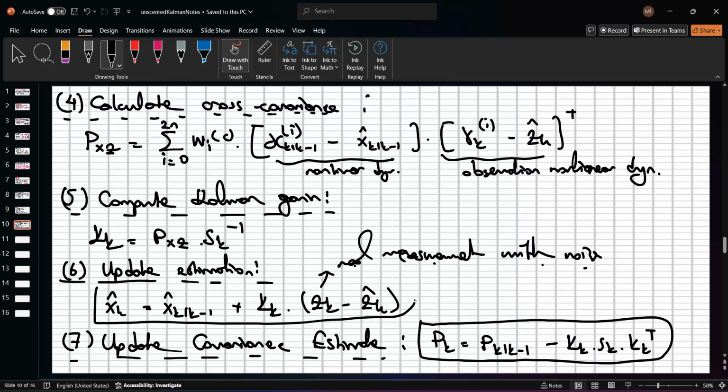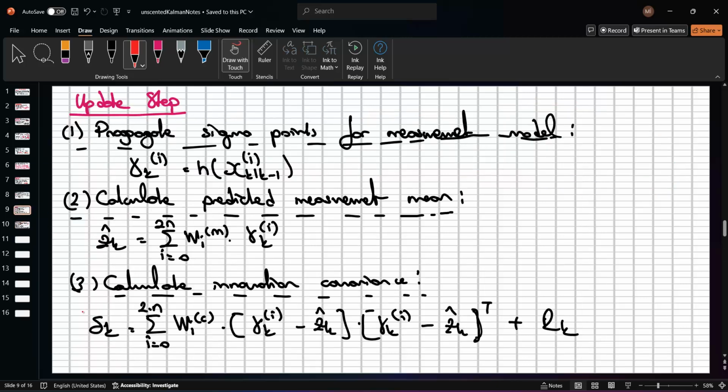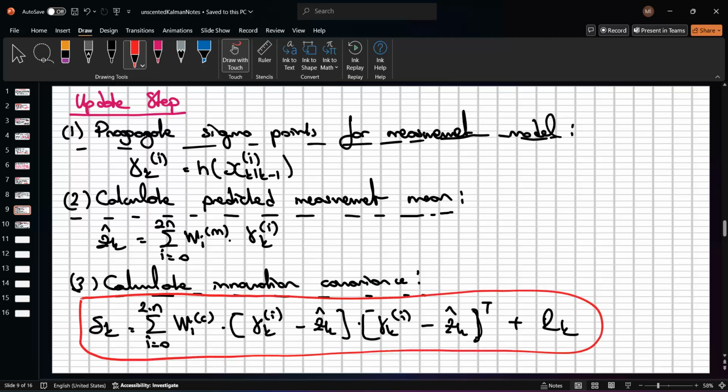And so this is the update estimate matrix in here. And so we compute the Kalman gain based on this information. And so the other terms are given in a different line. And also we have the innovation covariance in here, just like this one, and the predicted measurement, and also the sigma point measurement.